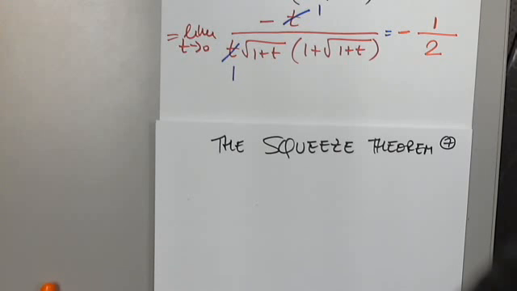Let's imagine that I have a function that is, let's say, maybe a parabola, something like this, opening upward. Let's say I have another function that is a sort of a parabola that opens downward.